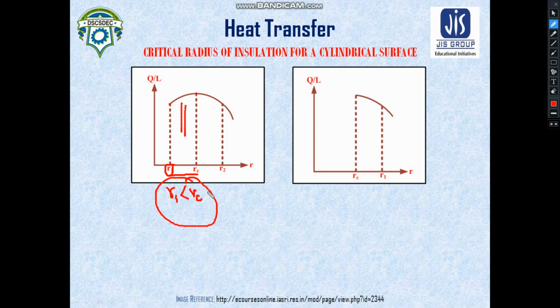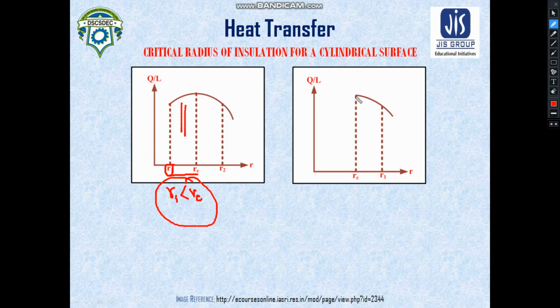If you find that the radius has become more than the critical radius of insulation, then it indicates the heat transfer rate is going to decrease. This is the second case, where the effect of wall thickness dominates and the overall thermal resistance decreases.